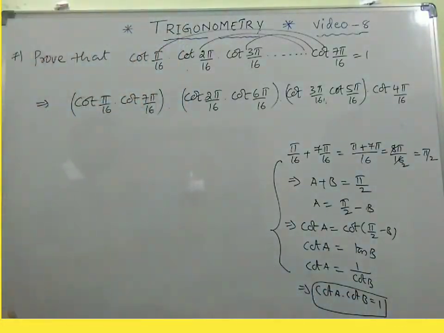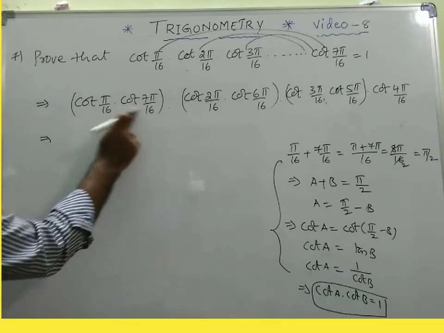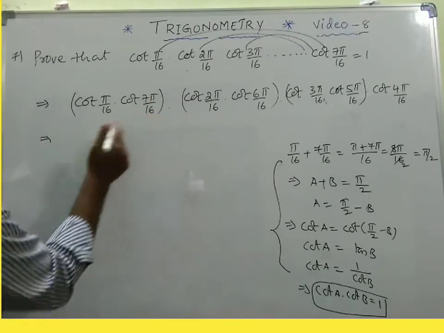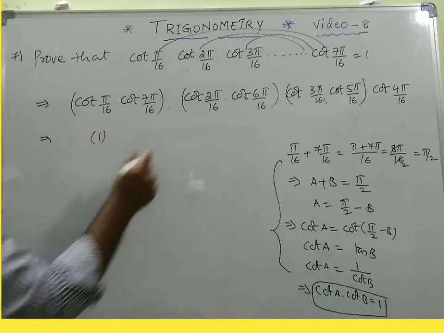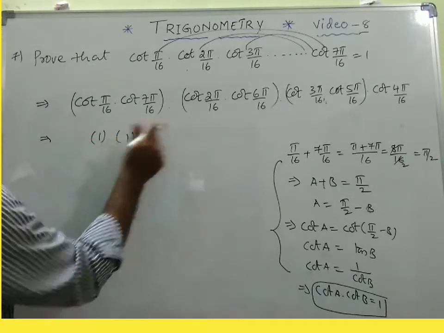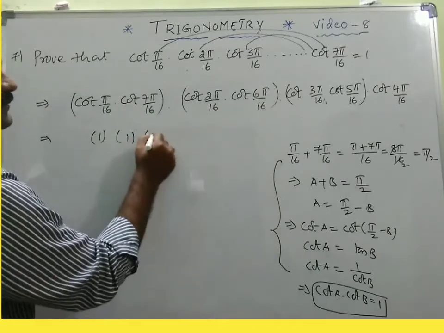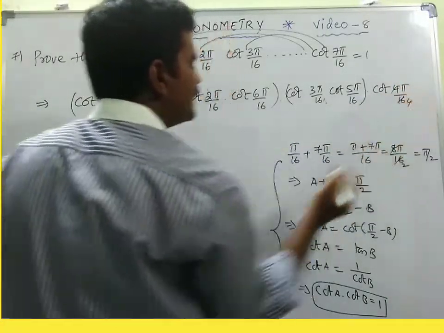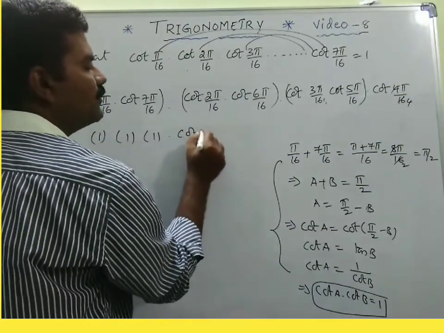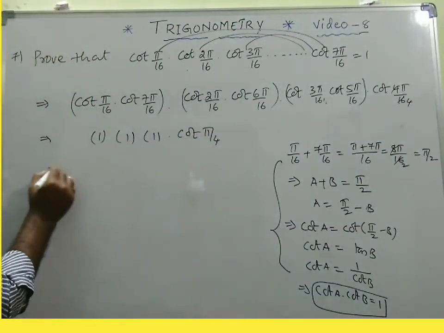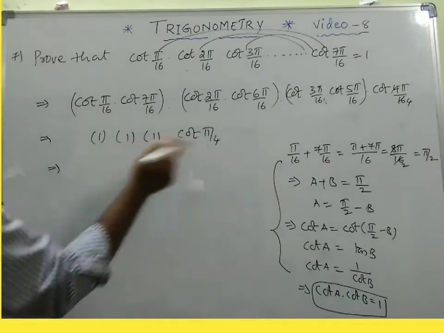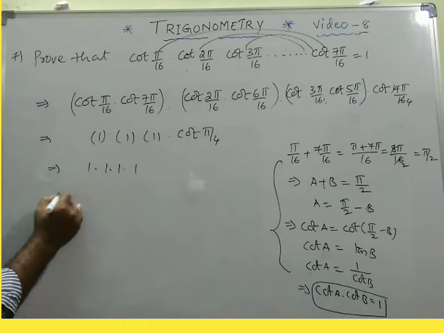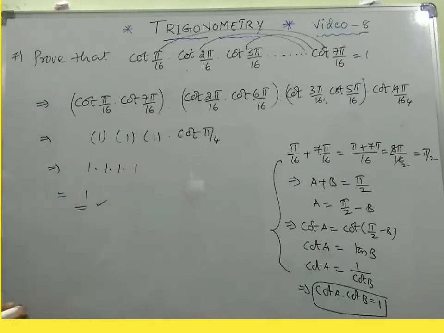Using that result here, the first product is 1, similarly the second product is also 1, and the third product is also 1, and 4 pi by 16 is nothing but cot pi by 4. So 1 into 1 into 1 into cot pi by 4. Even cot pi by 4 is also 1. Then the final answer is 1.